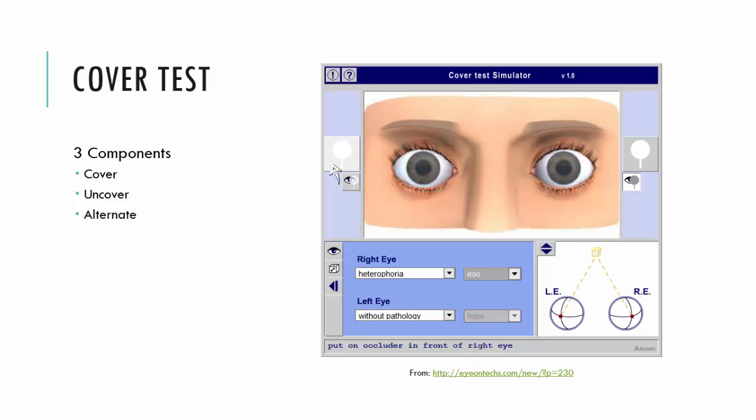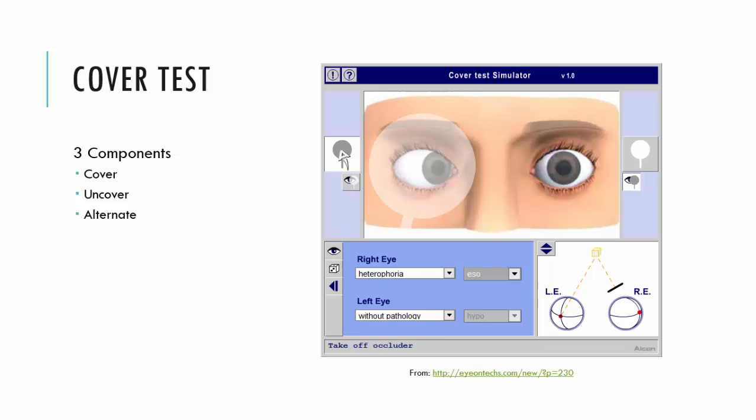So let's come back to this patient. Let's pop the occluder on. And here, under the cover, the eye has gone into an ESO position. So what I'm now interested in is when I take the cover off, how quickly will it return to its original position?